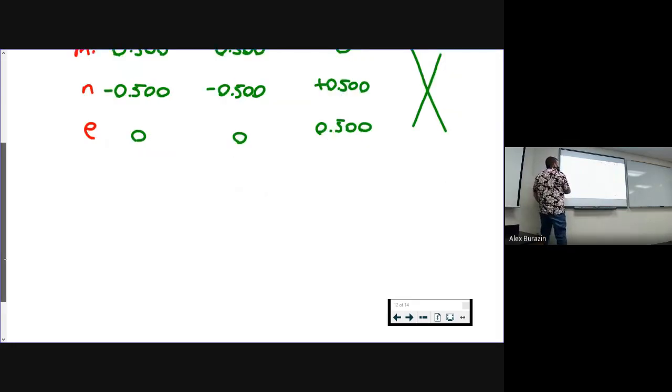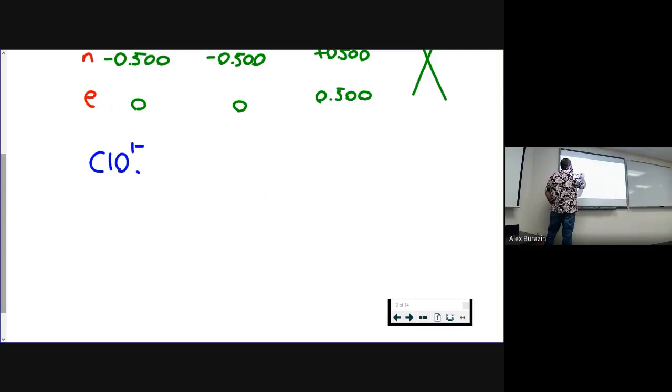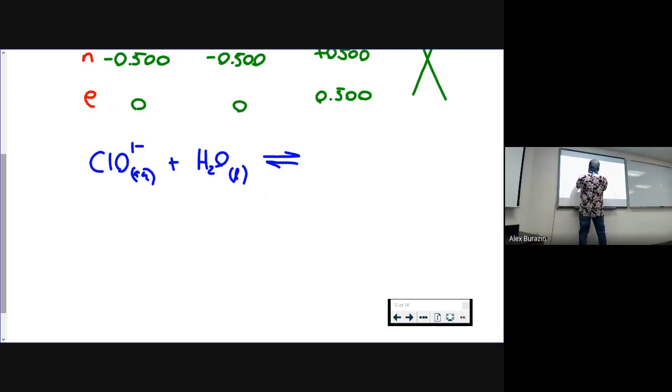I'm going to have ClO1 minus plus H2O liquid in a reversible reaction, because weak acids and bases have reversible processes with water. As the product here, this is the acid now, it's going to donate, and I'm going to get HClO aqueous, and I'm going to get hydroxide.